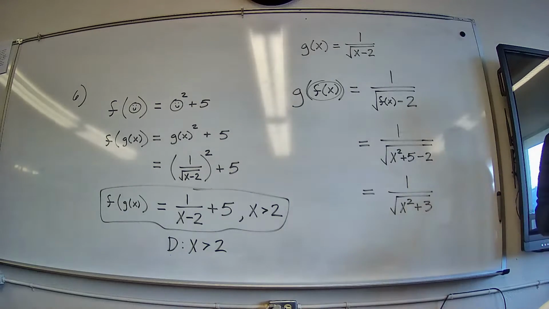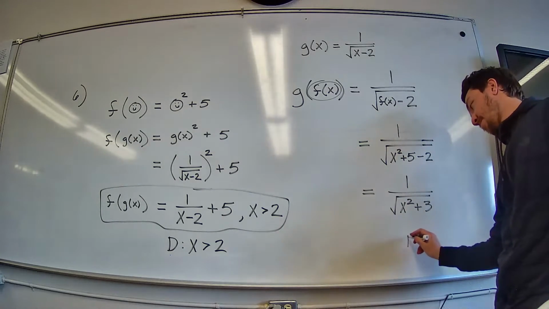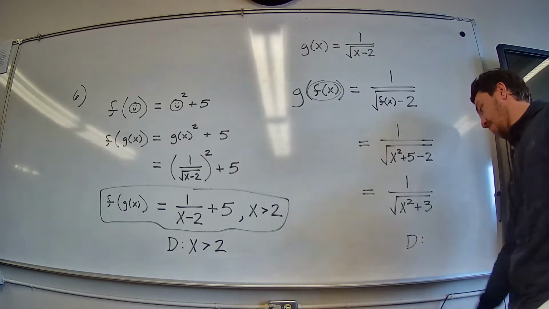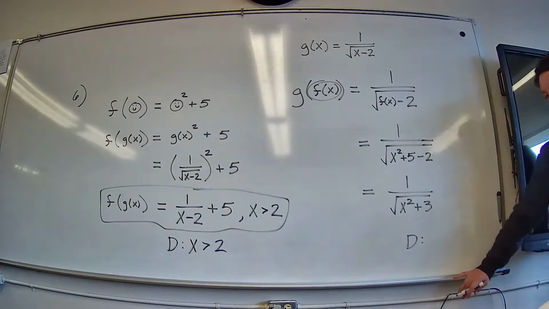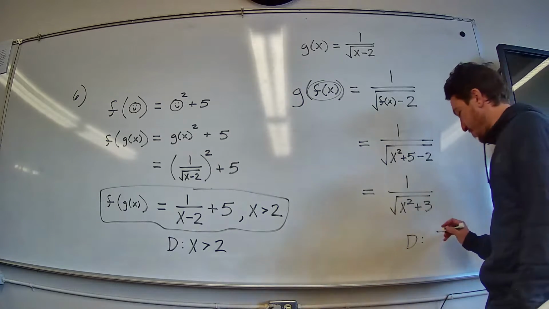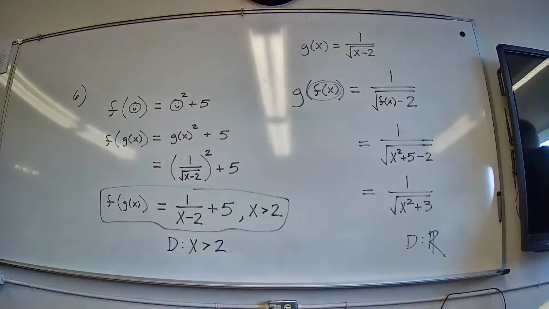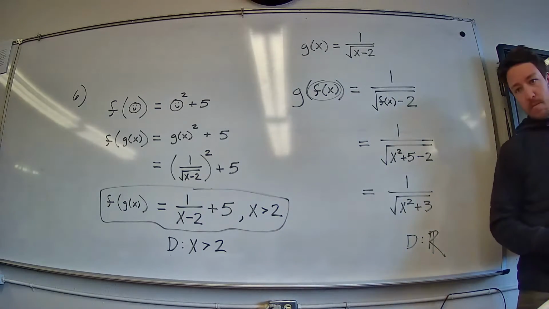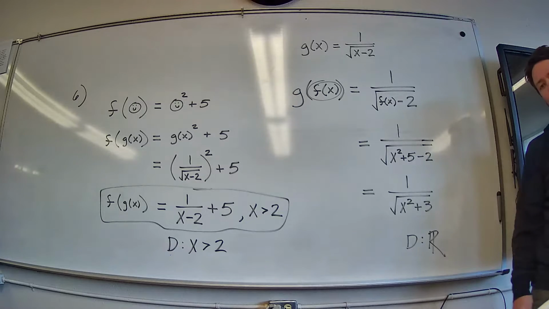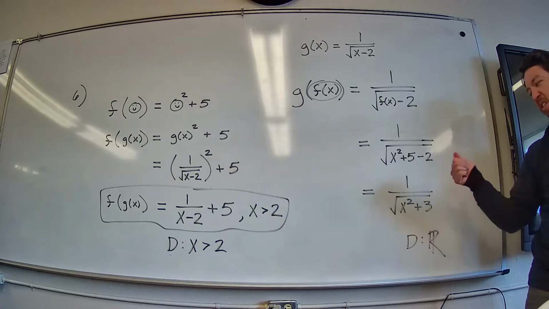Okay, what's the domain of this? X is greater than 3. No. X does not equal... Very good. Yeah, because it's squared, so even if we put in a negative. Is there any way to make this expression be 0?